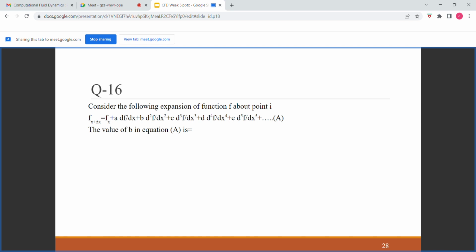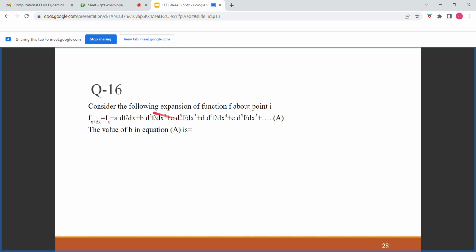The question is a very straightforward question. It is given a Taylor series expansion of f of x plus delta x with 5 derivatives, 5 terms. So it is asked what is the value of b in equation A. So if we look into Taylor series expansion, it would be f of x plus delta x is equal to f of x plus df by dx into delta x plus d square f by dx square into delta x square by 2 factorial plus d cube f by dx cube into delta x cube by 3 factorial and so on.